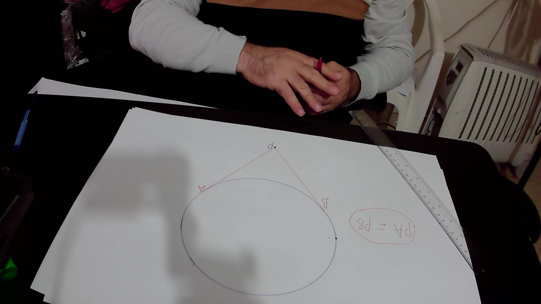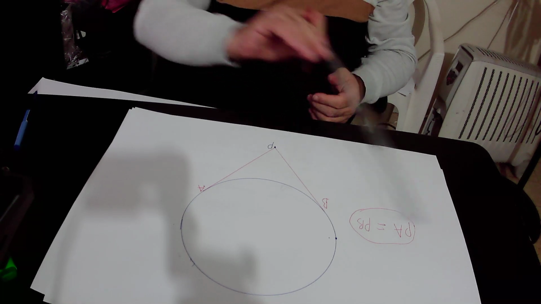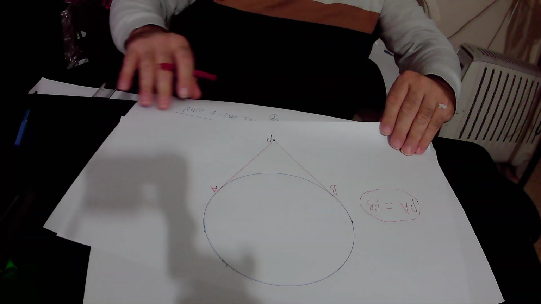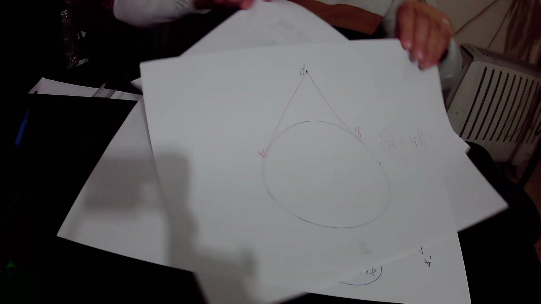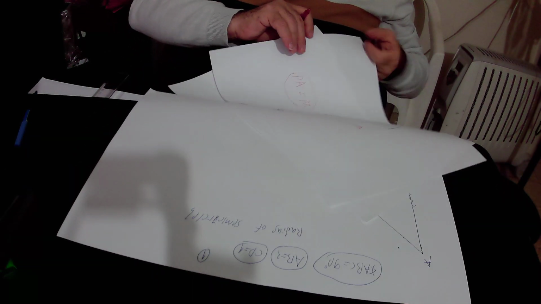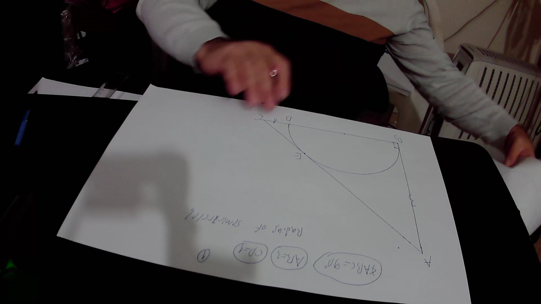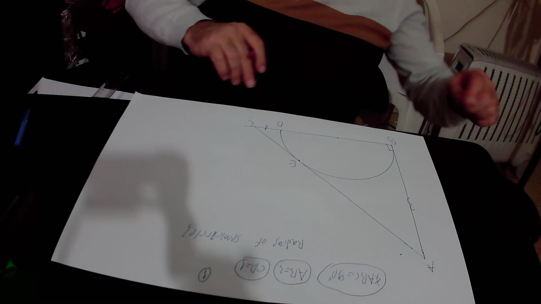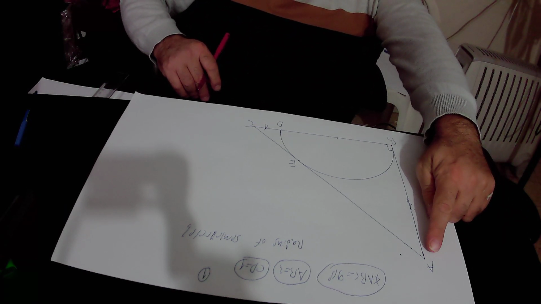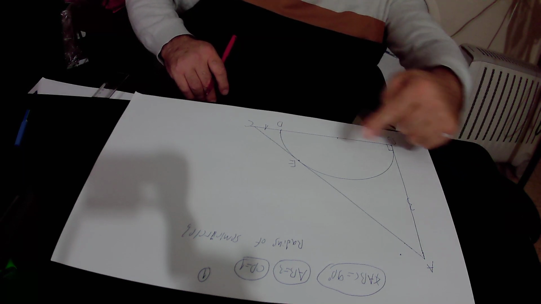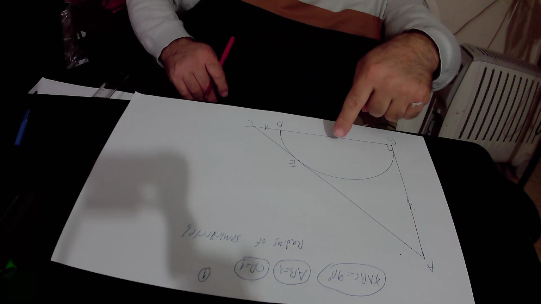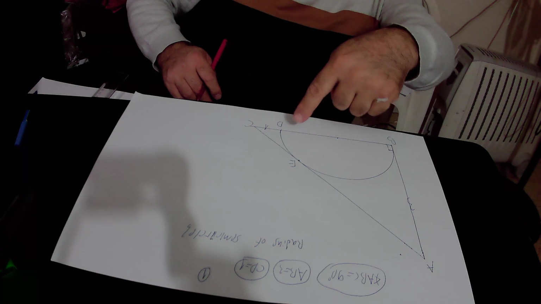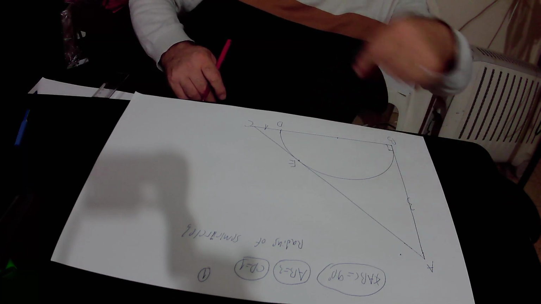And we can implement rule number one in our drawing. Here we have the external point A. Point A is an external point in relation to this semicircle because it is not located inside this semicircle, nor on it, but outside of it.